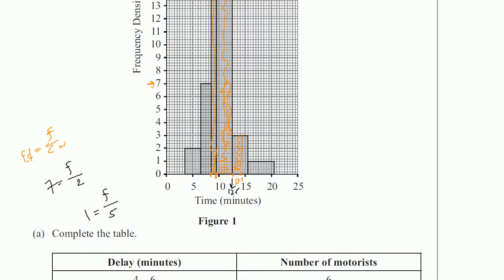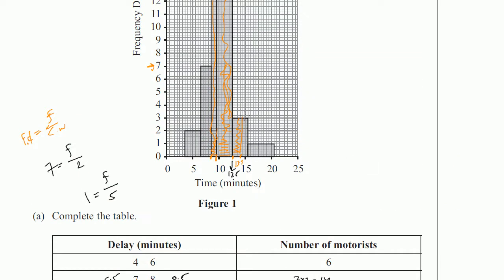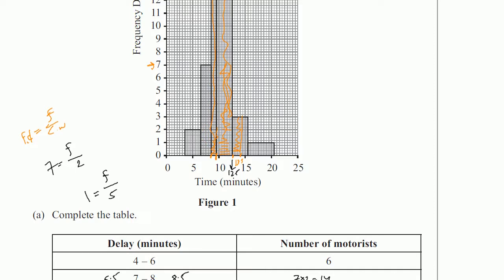So you can easily find this by adding up the total number of motorists, or total frequency, which equals 21 plus 45 plus 3, which is 69. This one's area or frequency is 21, this one's is 45, and this region is part of it, and we found the area using the rectangle from 12.5 to 13.5, where the height of the rectangle is 3 and the length is 1, so 3 ones are 3, and we find the total to be 69.